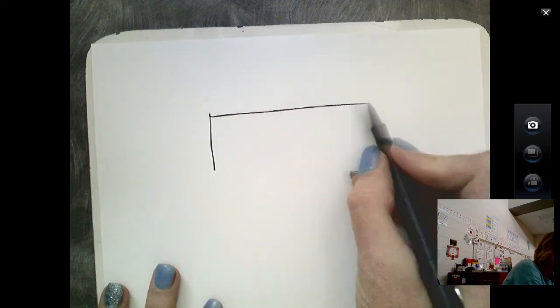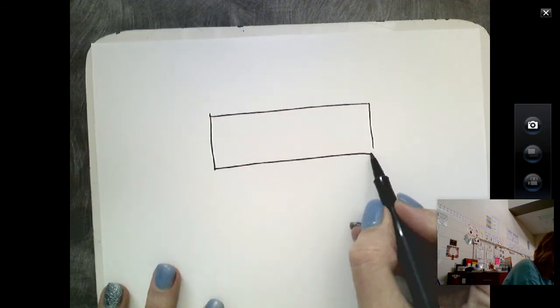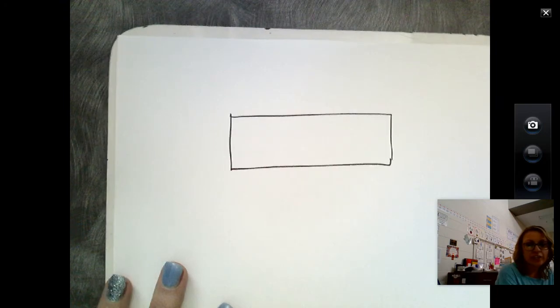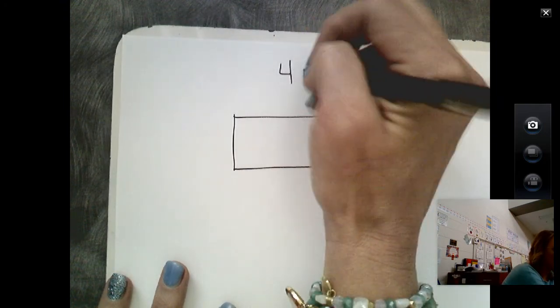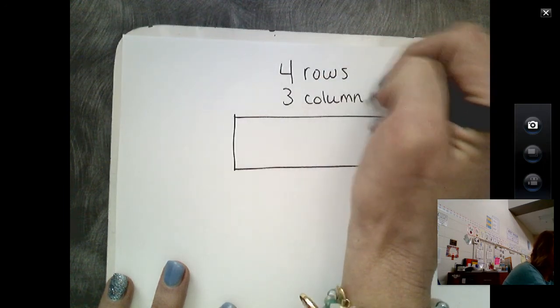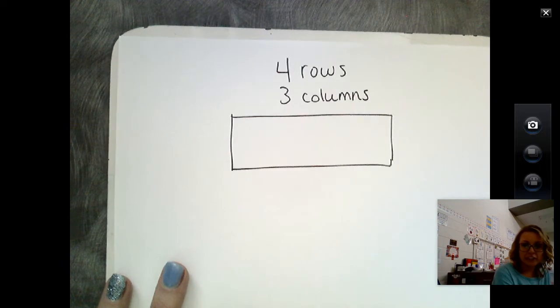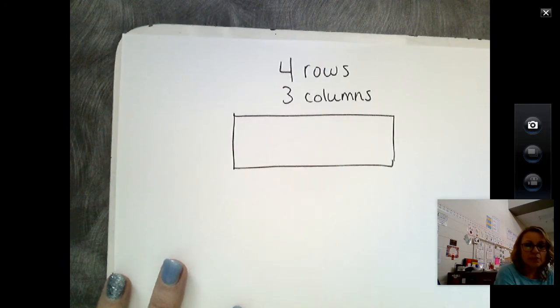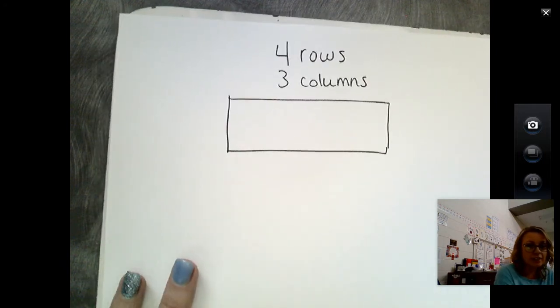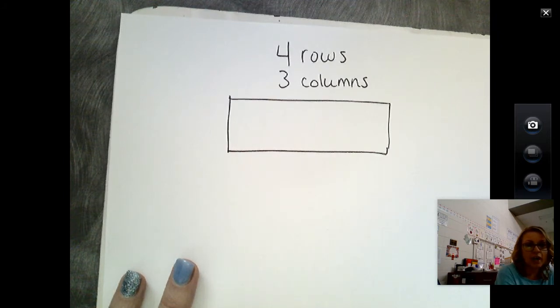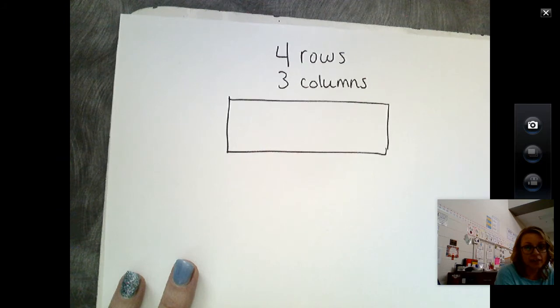So if I had a rectangle, remember, two long sides, two short sides, and I was given the directions to partition this rectangle into 4 rows and 3 columns. Those are my directions. Well, remember we said the trick to making sure you draw the right amount of lines is to draw one less, okay?